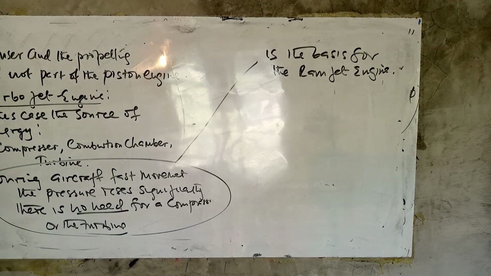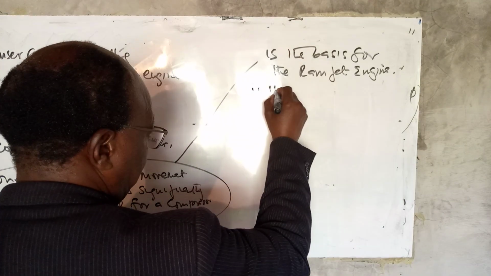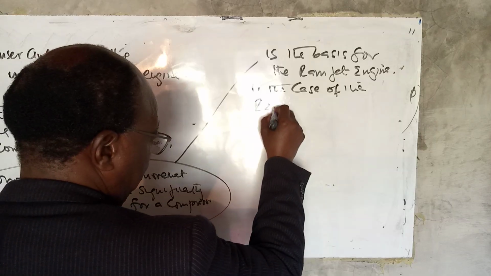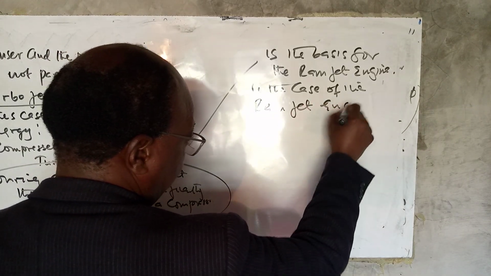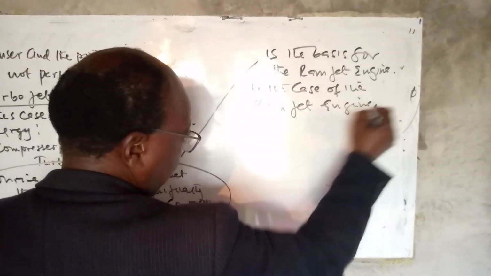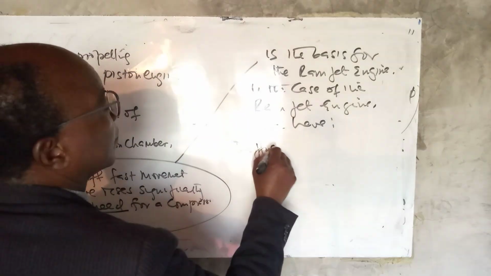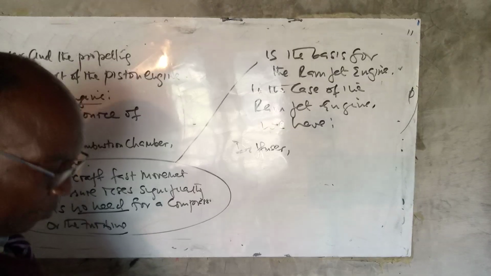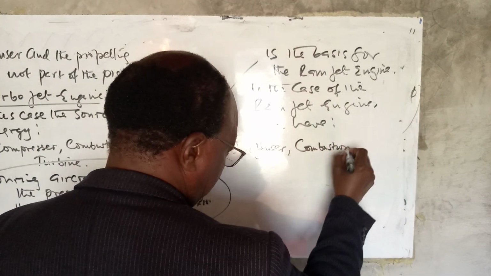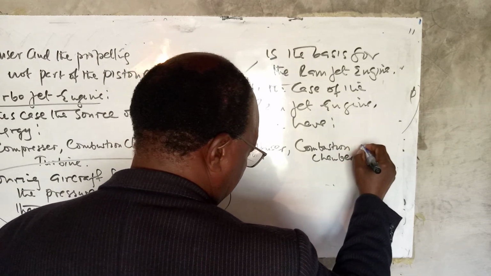So in the case of the ramjet engine, we have the diffuser, you have the combustion chamber, and you have the nozzle.